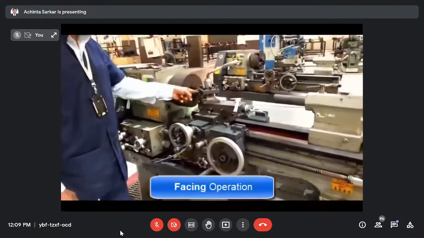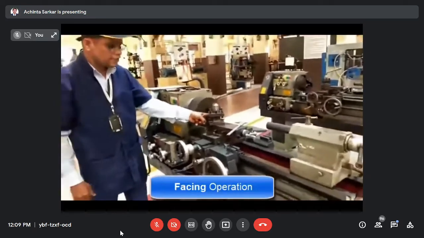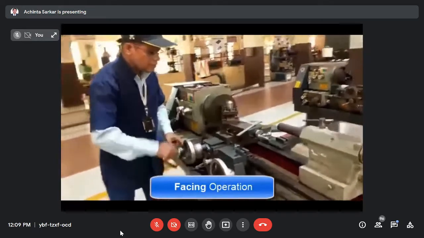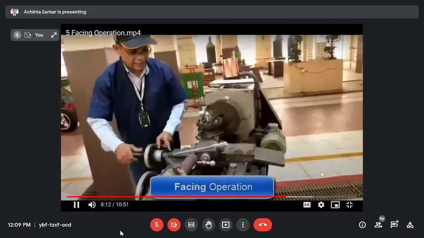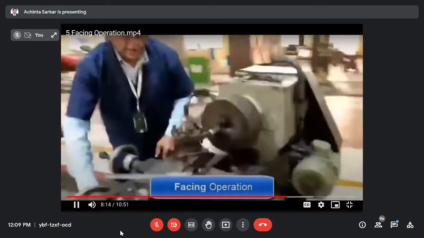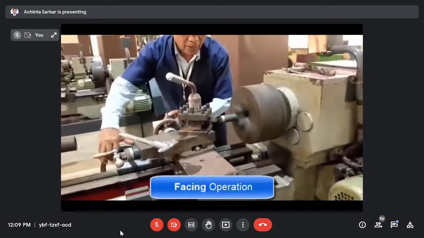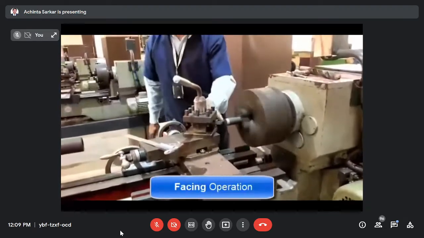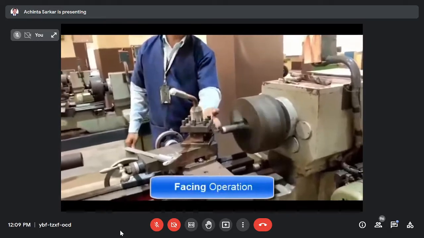You will touch the cutting point to the outside diameter of the metal. Now rotating the cross-slide wheel in the y-axis direction, not touching. Now the carriage wheel is just touching the corner of the workpiece, outside of the workpiece.